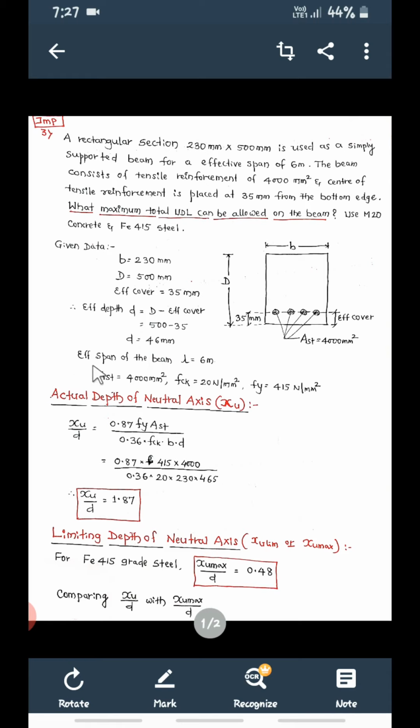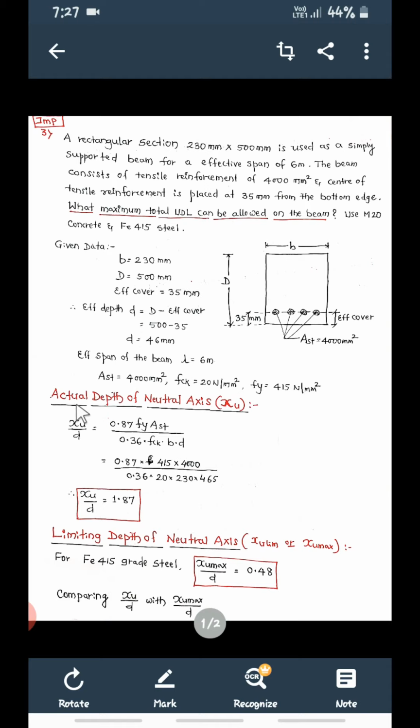Then similarly, the effective span of the beam is given as 6 meter, and as usual, area of steel is 4000 mm square. Then characteristic compressive strength FCK is 20 Newton per mm square, that is M20 grade concrete, and Fe 415 grade steel means Fy is equal to 415 Newton per mm square.